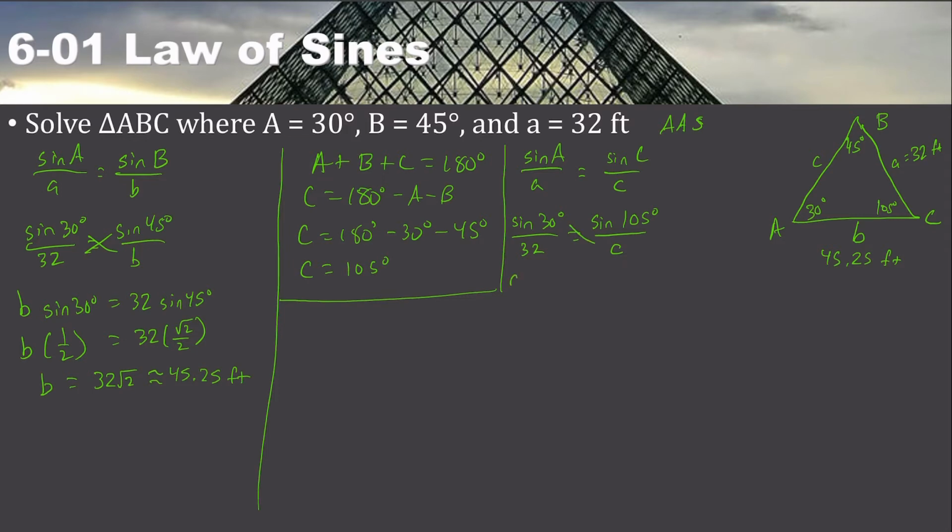Cross multiply, divide by the sine of 30. And c comes out to be about 61.82 feet.